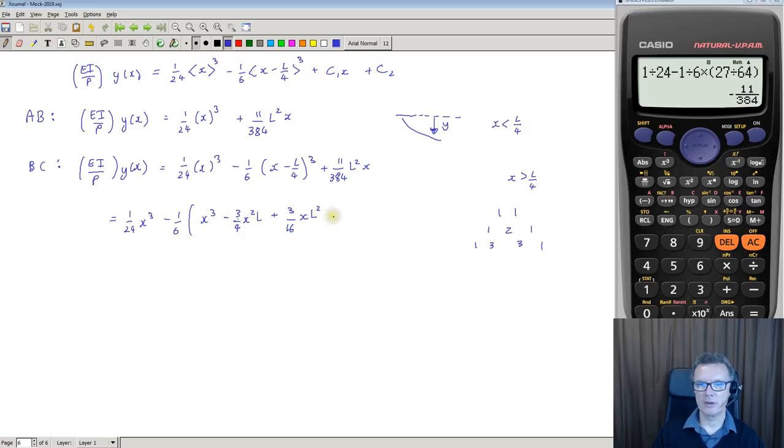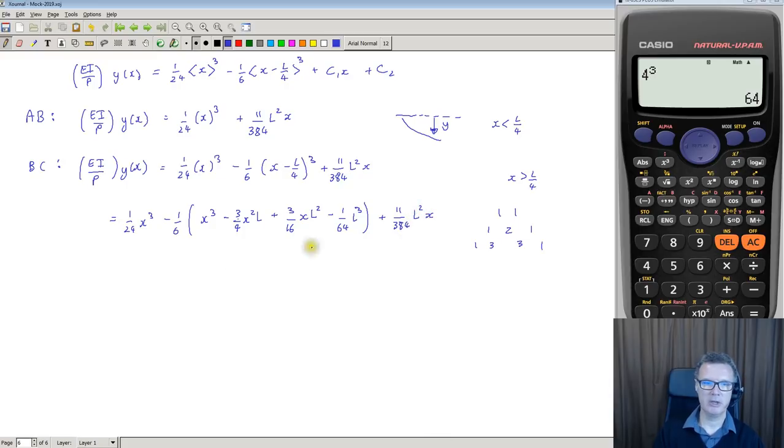Okay, and then the final one will be a negative 4 to the power 3, 64 L to the power 3 plus 11 over 384 L squared x.